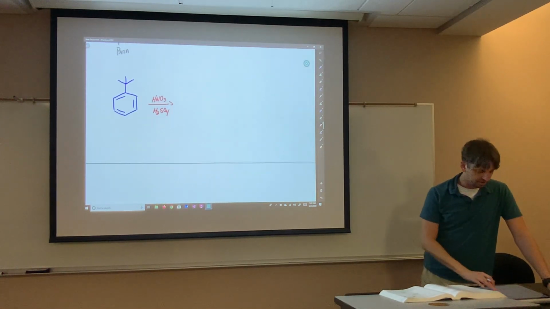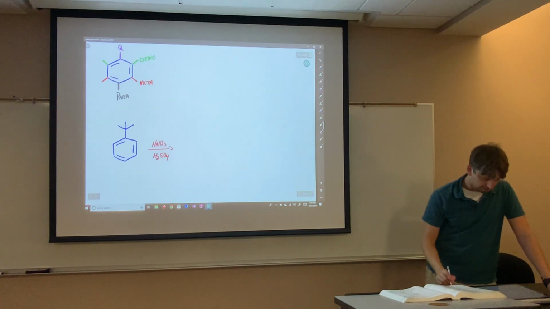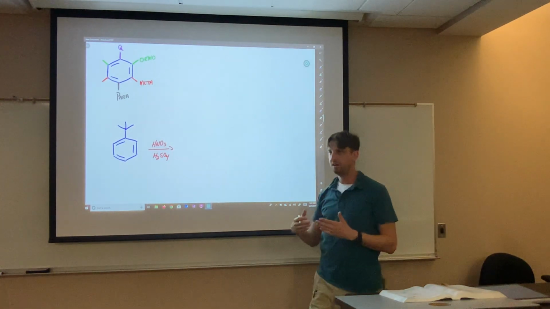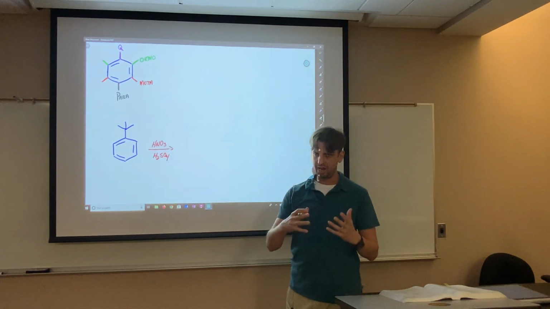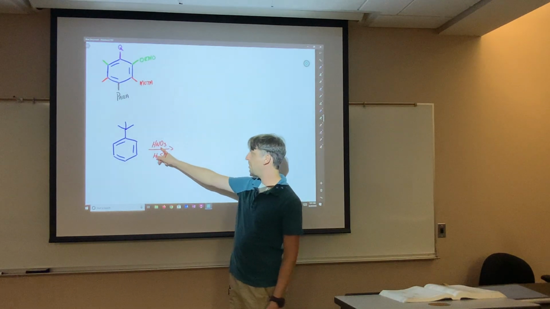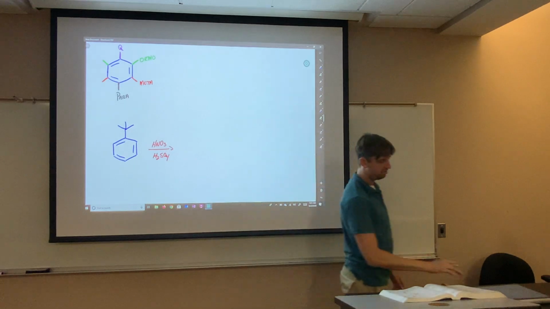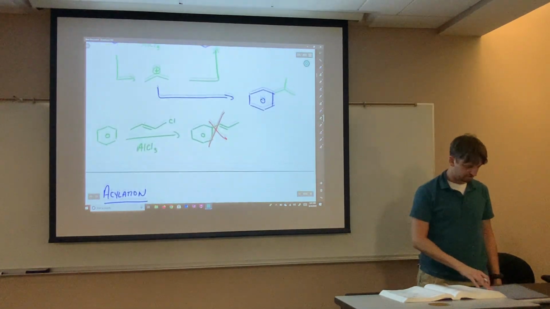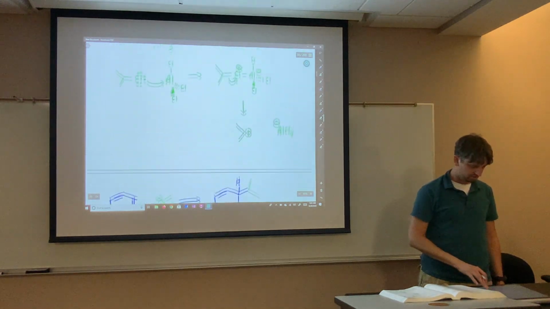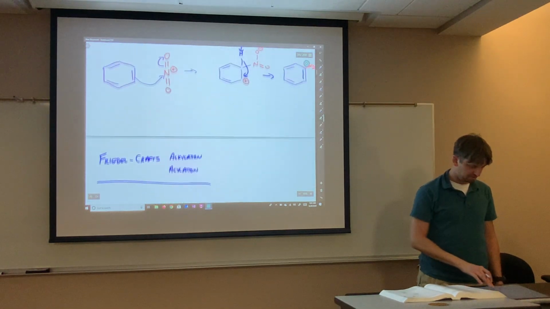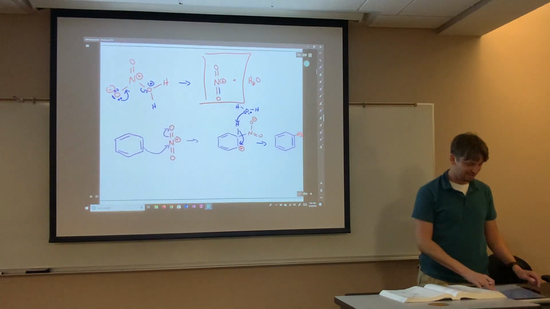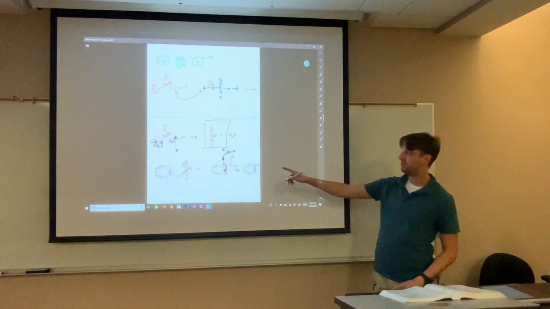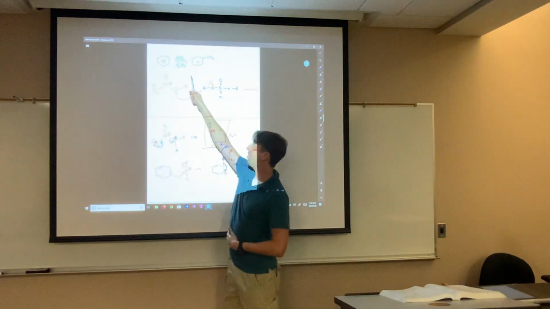So that's what we're going to do here. We're going to start by adding things at the ortho position. For the sake of time, I'm going to skip making the electrophile, because it wasn't all that long ago. Okay, here is where I talked about how to generate the electrophile for my nitration reactions.